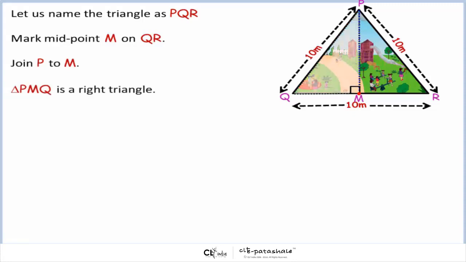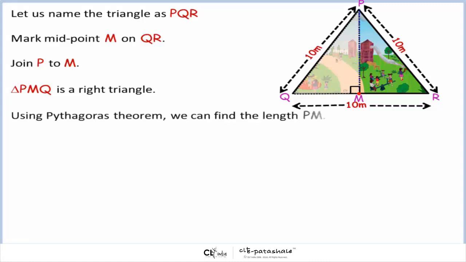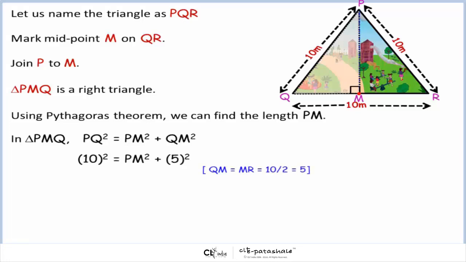Triangle PMQ is a right triangle. Using Pythagoras' theorem, we can find the length PM. In triangle PMQ, PQ square is equal to PM square plus QM square. Therefore, 10 square is equal to PM square plus 5 square, because QM is equal to MR is equal to 10 divided by 2, which is equal to 5.